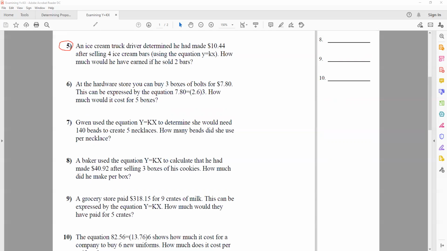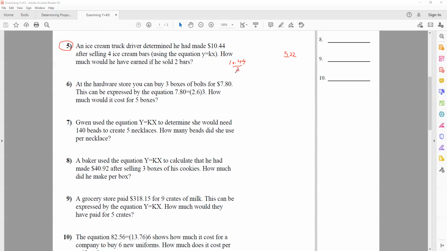Ice cream chocolate. 5.22 dollars. That's the answer. What did you do to come up with it? I just did $10.44 divided by 2.